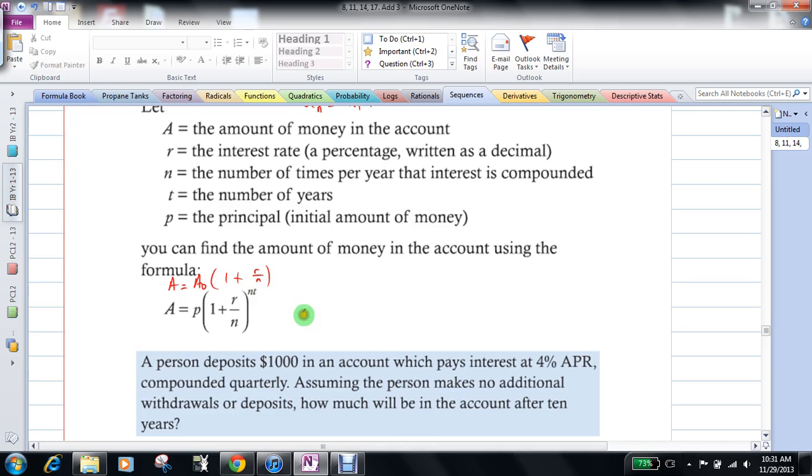So if we were compounding monthly, that means that our interest rate, which was 4%, needs to be divided by 12 because we're splitting this 4% into 12 equal portions being paid out during the year. And our exponent with compound interest has to be the number of compounding periods multiplied by the number of years we left it in for. If we were compounding monthly and we left it in for 2 years, then we are compounding our money 24 times.